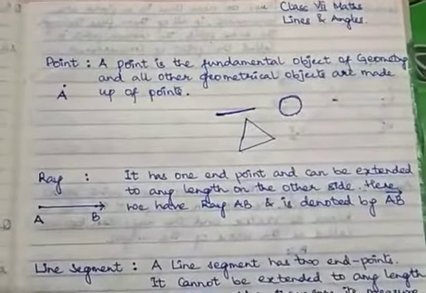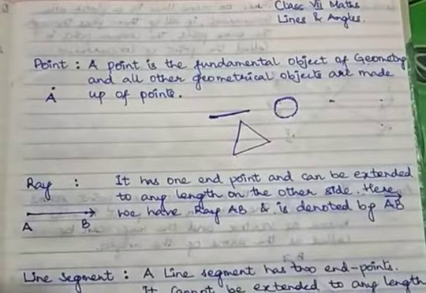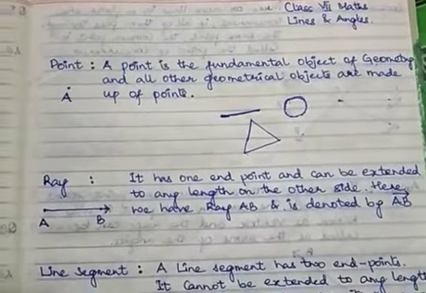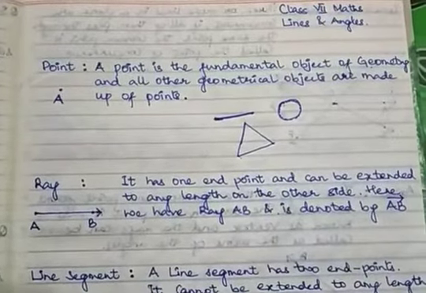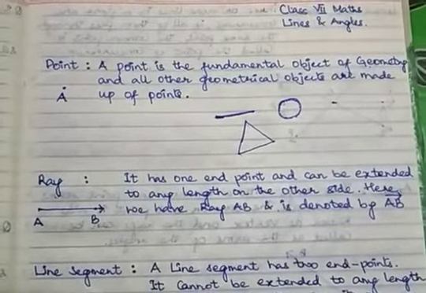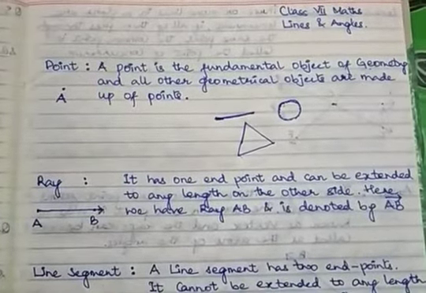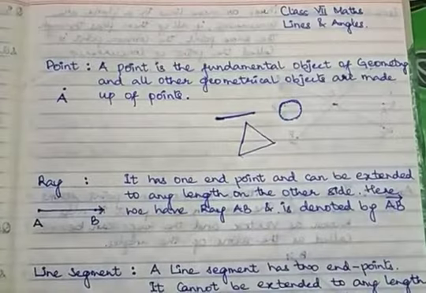Now the next one is a ray. The definition of a ray is that it has one end point and can be extended to any length on the other side.